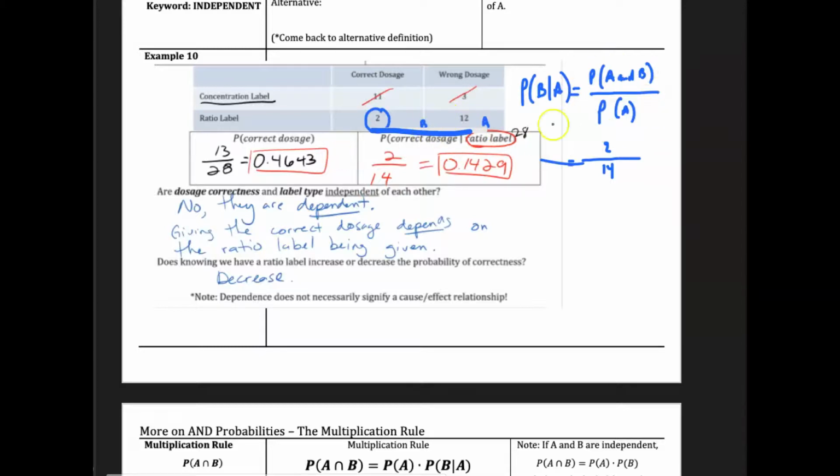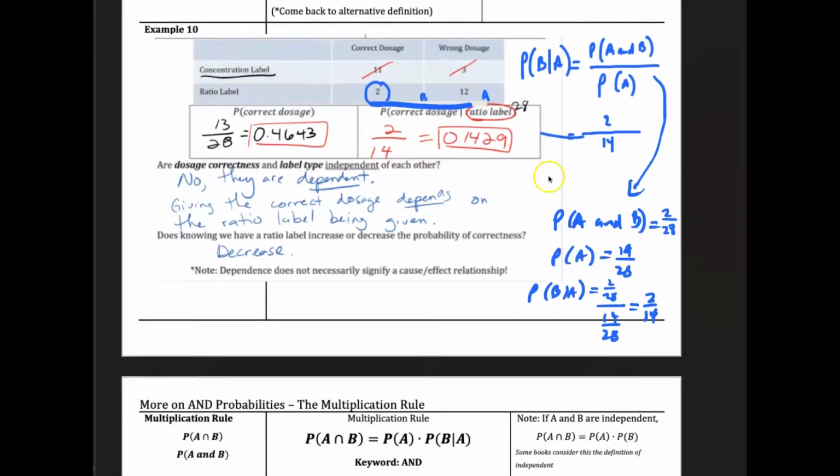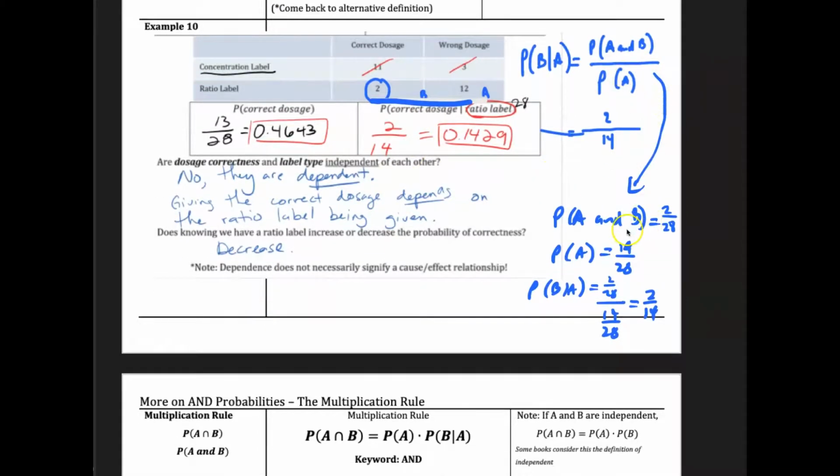And so looking at probabilities like that, we could also get this answer. I've done the mathematics here. If you actually calculate the probabilities using the formula, you get 2 out of 14. The probability of A and B is 2 out of 28. The probability of A occurring, getting a ratio label, is 14 out of 28. And then when you divide those two fractions, you get 2 out of 4.